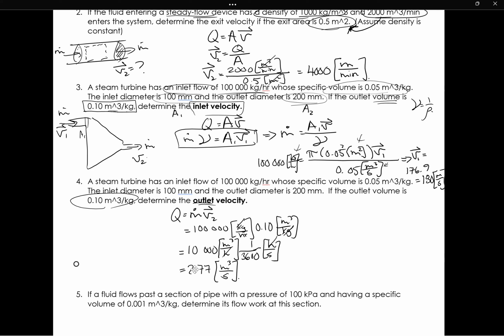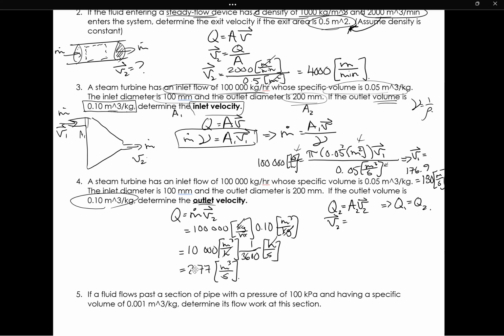So now from this relationship, I'm just going to use Q equals AV. And I know what Q is. And what am I trying to solve for here? V2. So Q2 equals A2 times V2, but Q1 equals Q2 we recognize, and I probably being given A2.